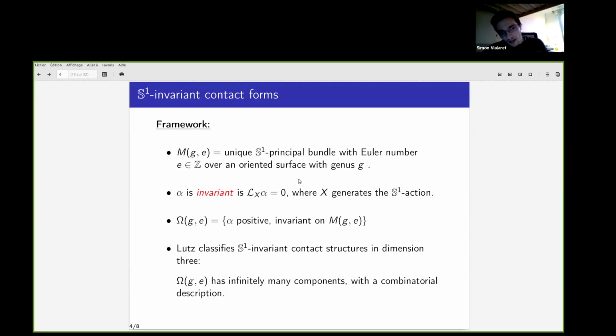For us, let's just keep in mind that it is a big space, meaning that we can always have invariant contact forms that are arbitrarily far from anything convex or anything Riemannian. So that's the class of contact forms that I'm going to consider: S¹-invariant contact forms on manifolds endowed with a free S¹ action.